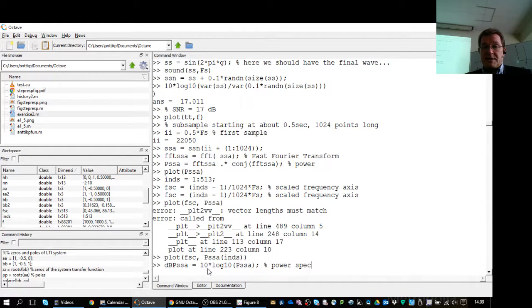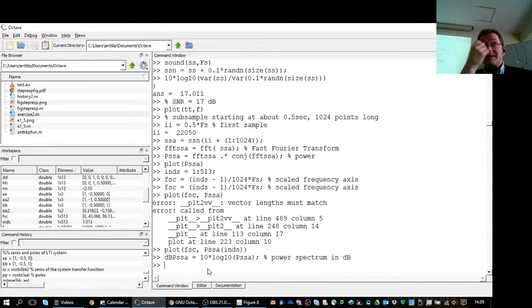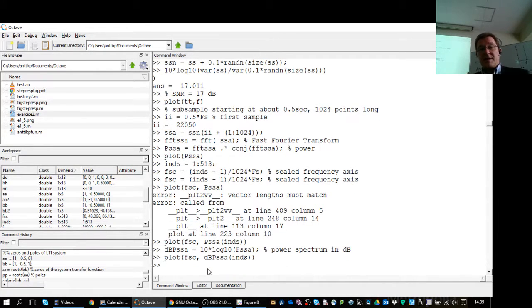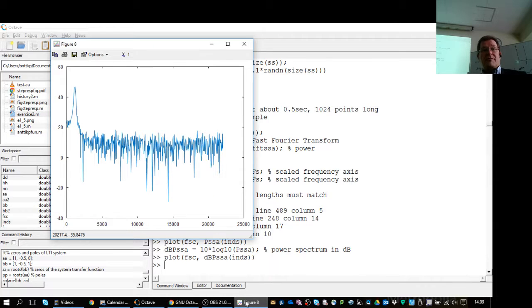Power spectrum in dB, unscaled dB. All right, now we can calculate dBPSSA and show the power spectrum.